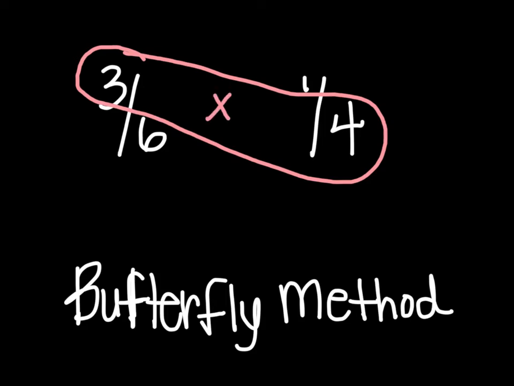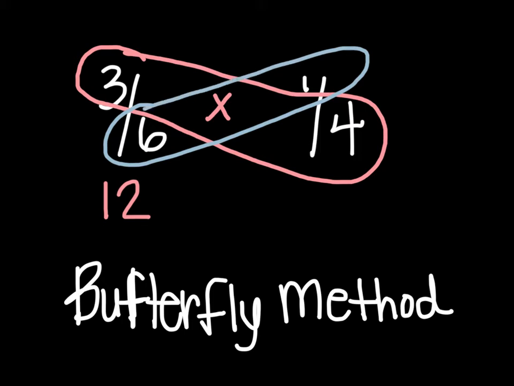So you have three groups of 4, which equals 12. So I'm going to put a 12 under here. And then you're going to take your denominator over here and your numerator over here and multiply 6 groups of 1.